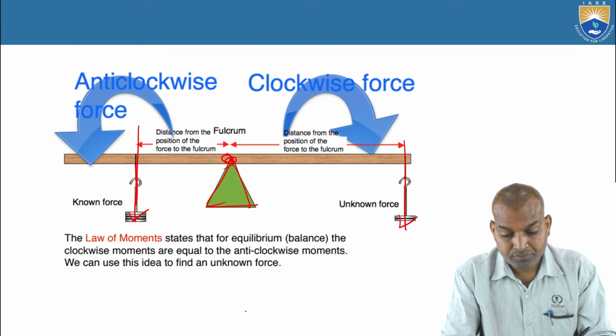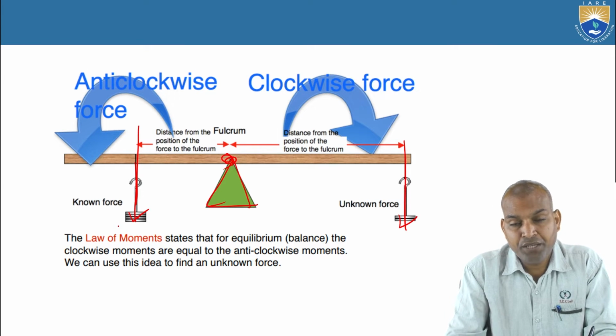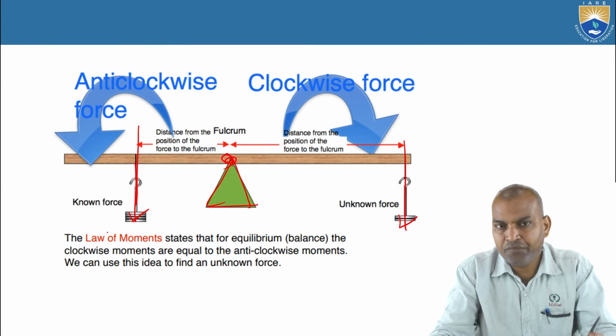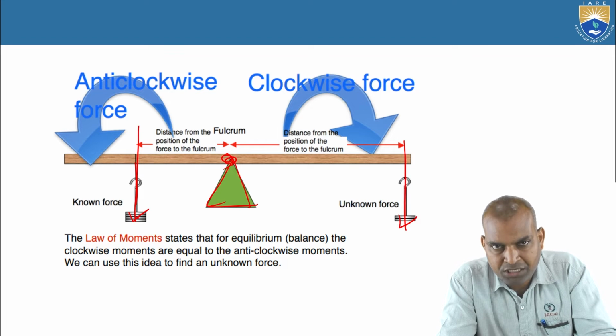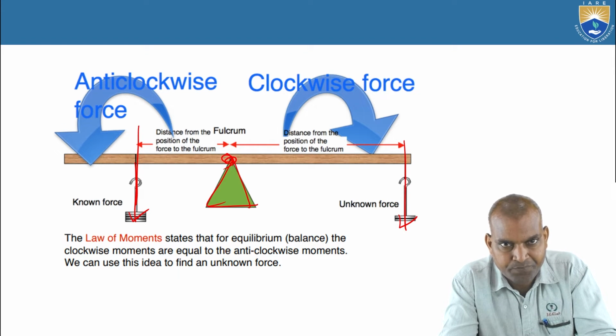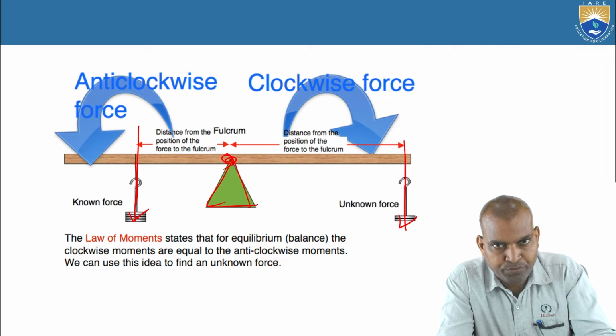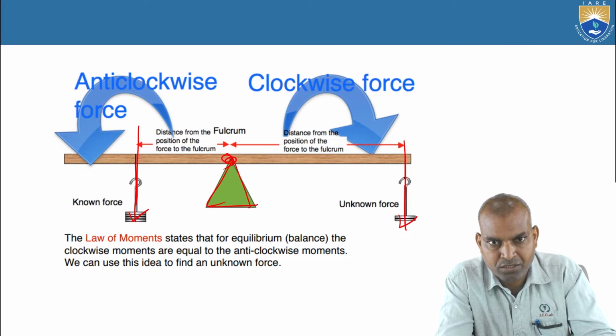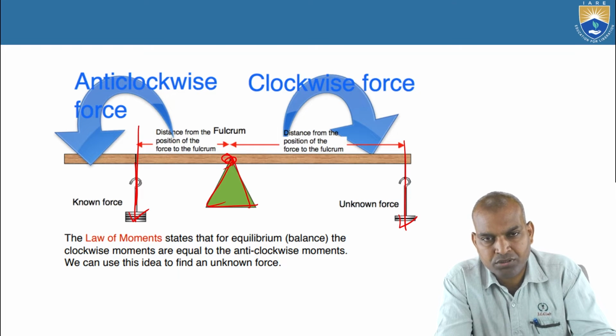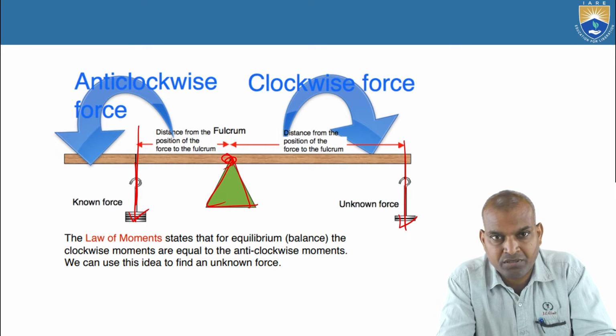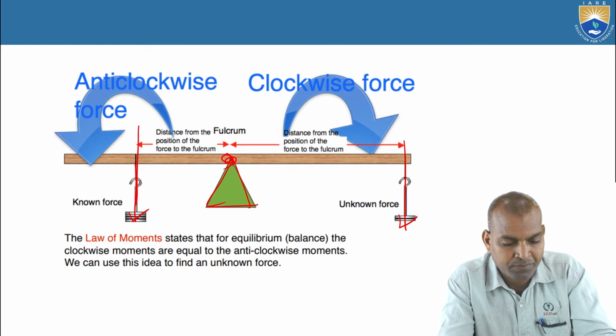Now, by using the law of moments, we can find the unknown distance and unknown forces acting on the other side. That means clockwise moments equal anti-clockwise moments. If we apply this principle, we can find the unknown force.